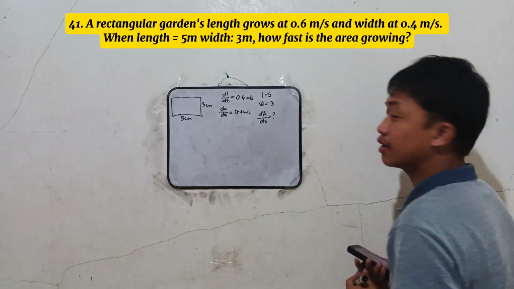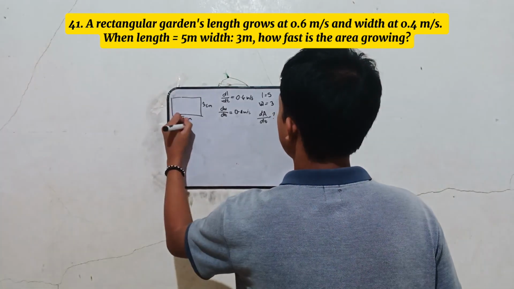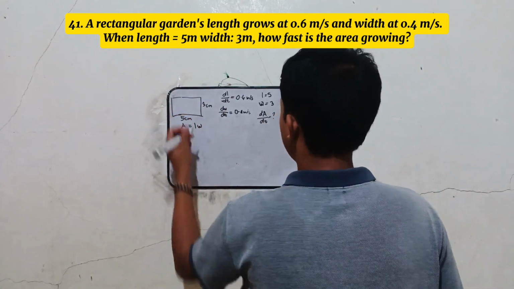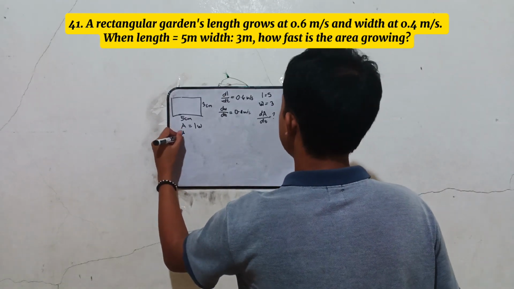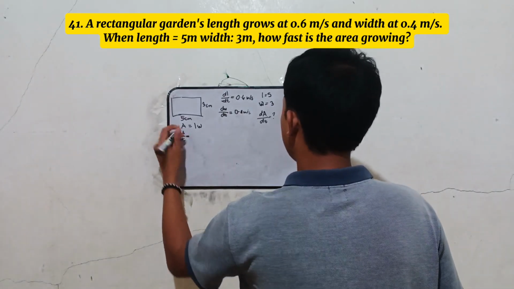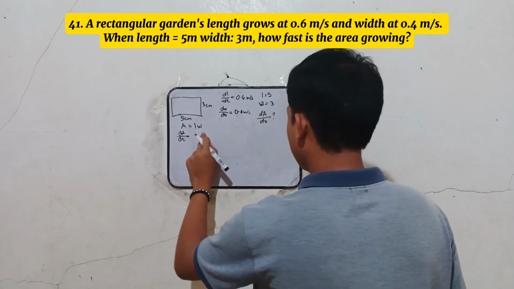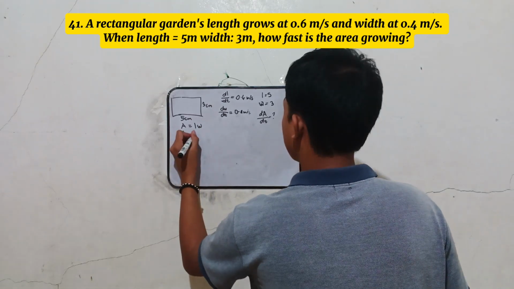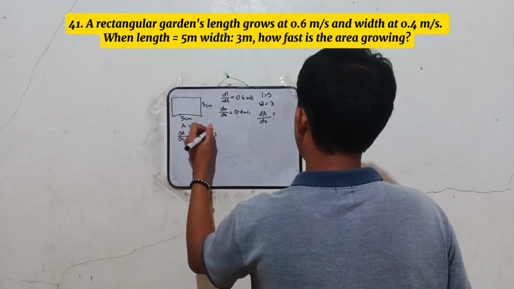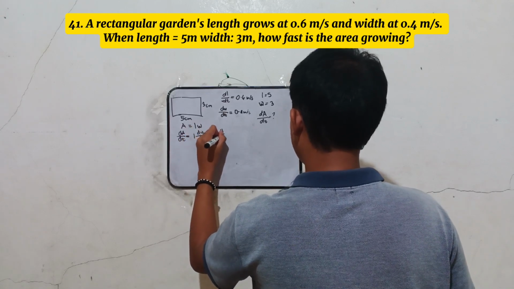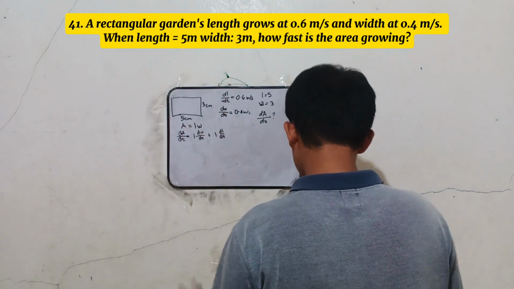So the area of a rectangle is length multiplied by the width. So let's derive the formula. This will become the product rule: l dw over dt plus w dl over dt.